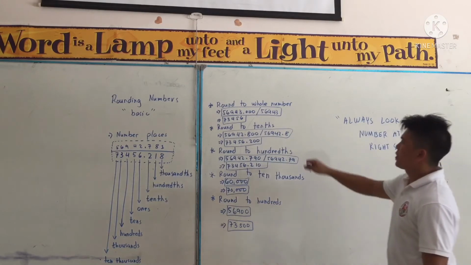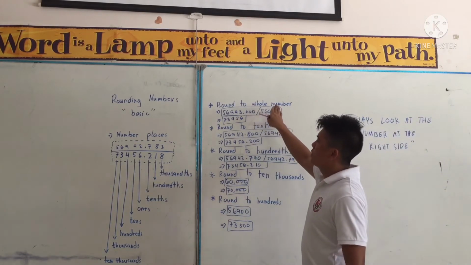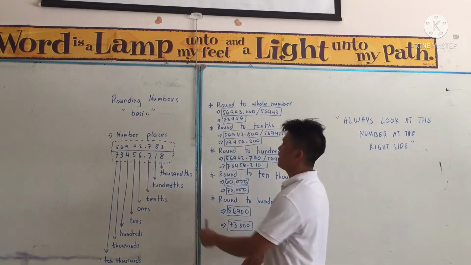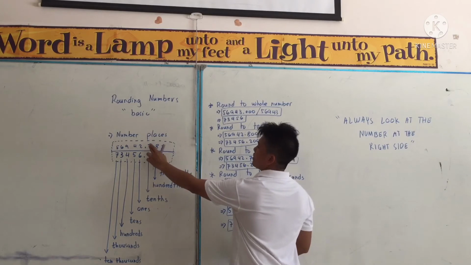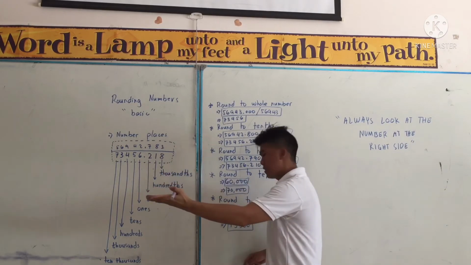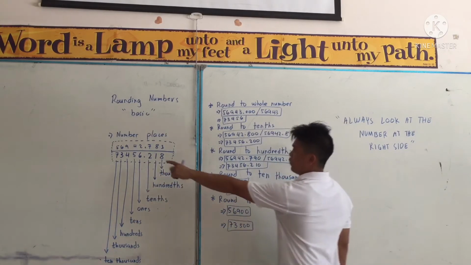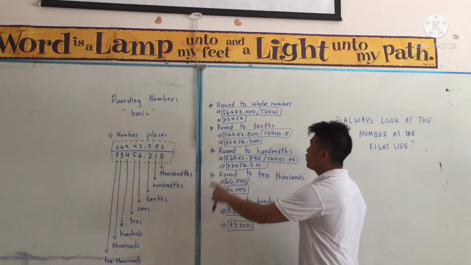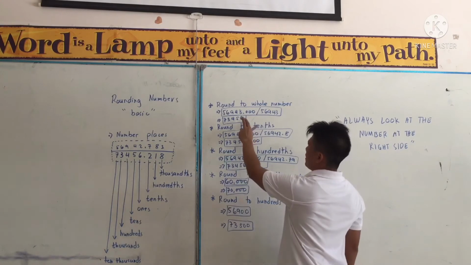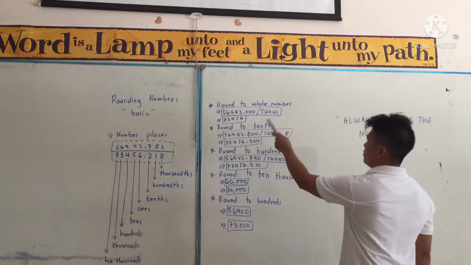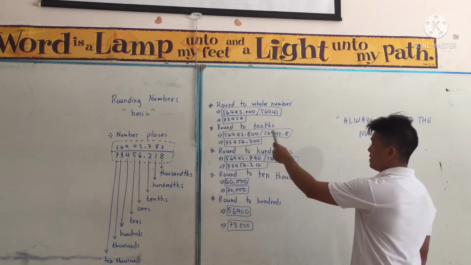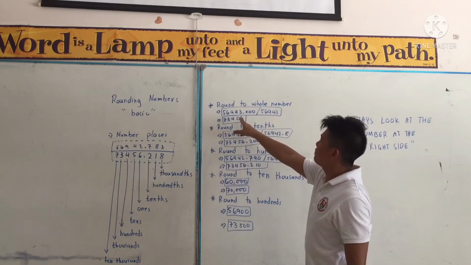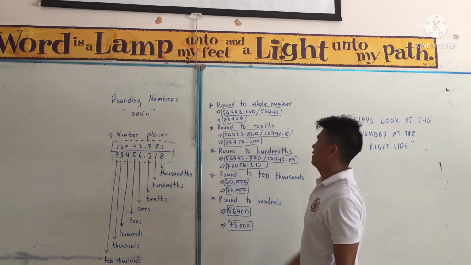For example, round to whole number. Whole numbers are numbers without decimal, so you just remove these numbers here, then you have the whole number. For example, number 1, 56942.781. You can round it off to a whole number by writing 56943 or 56943.000.